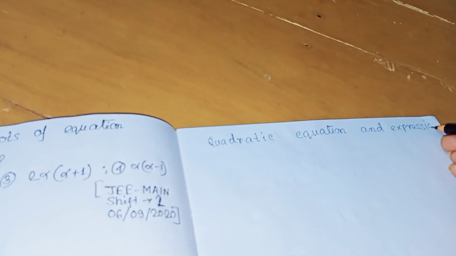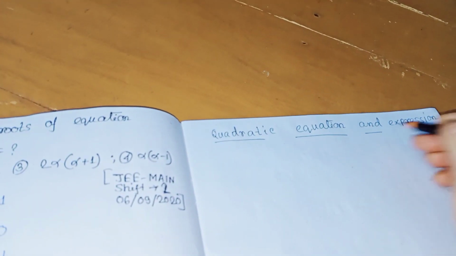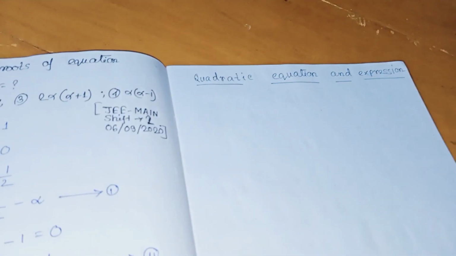What is the difference between a quadratic equation and a quadratic expression, and its concept?